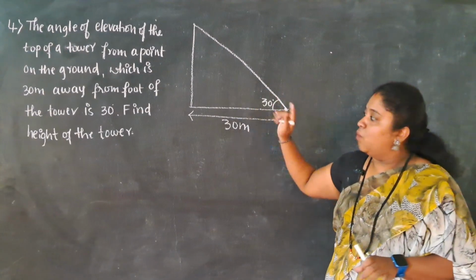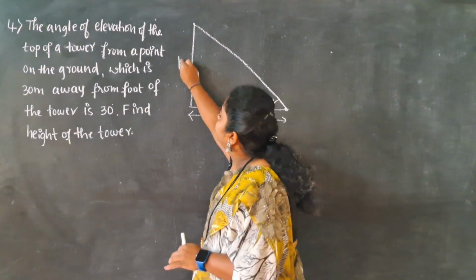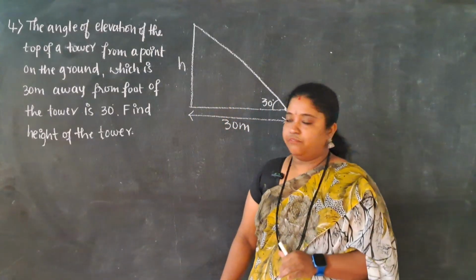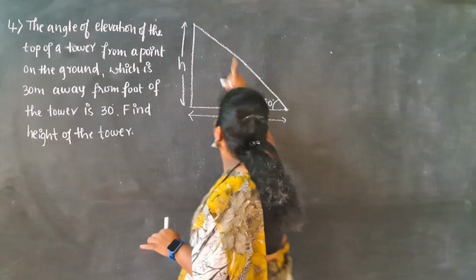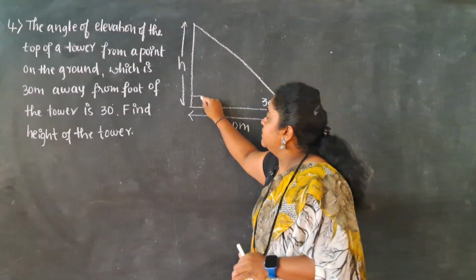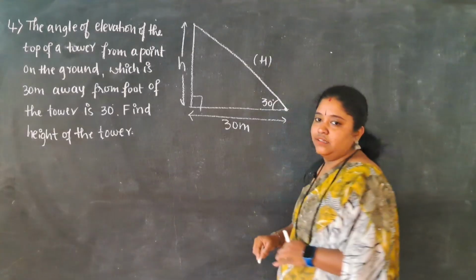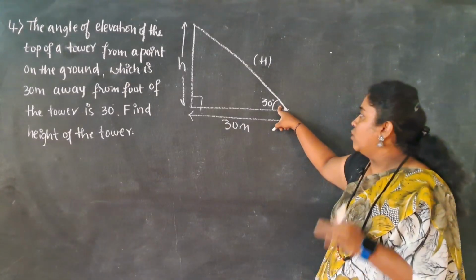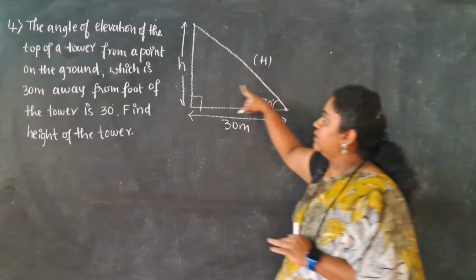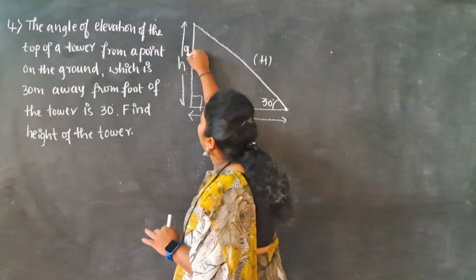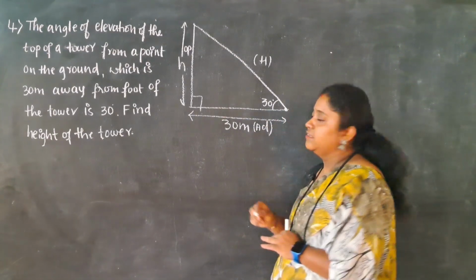Once that is done, what is asked? Height of the tower is asked. So the height of the tower, I'll consider it as h. Now with respect to the given angle, of course it is 90 degree, and that would give you the hypotenuse, isn't it? Now I'm talking about this angle 30 degree. With respect to this angle, this side will become the opposite side and this side will become the adjacent side.